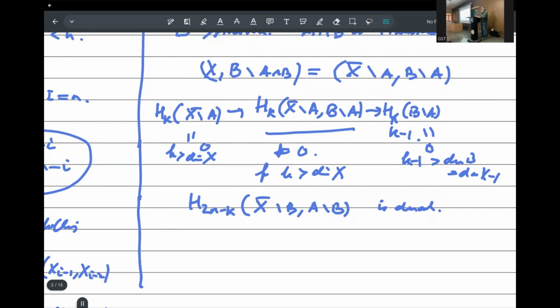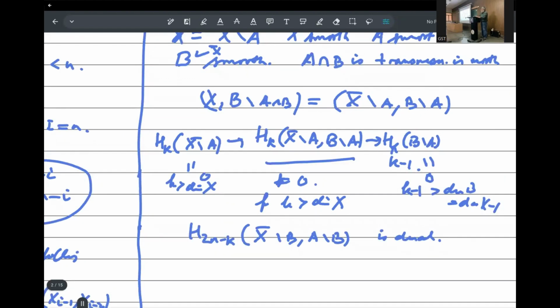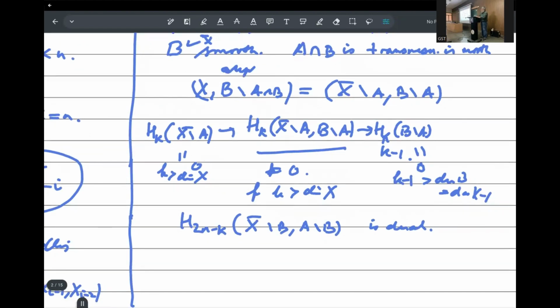Then suppose I show that this is dual. Now, if I assume that B is also ample, then by the same reasoning, this is 0 for 2n minus k greater than dimension X, which is n, which means k is less than dimension X. So therefore, the only one where it will survive will be the middle dimension. Then it's not too hard to make it free also. Okay, so this is roughly the idea.